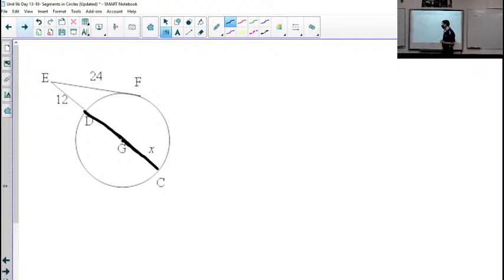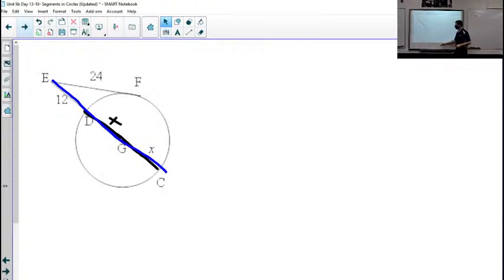It's still the same as this radius, because any radius is the same distance. So this is also x. When you talk about the whole segment over here in blue, I have a 12 here and an x here and then another x here that I'm going to put all together. And then I have this.